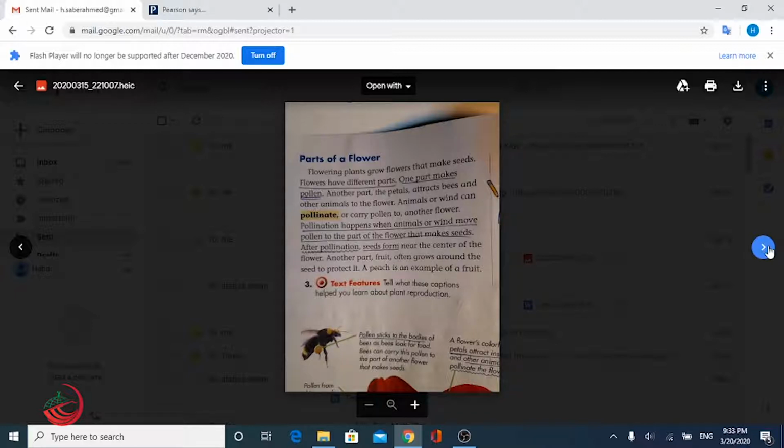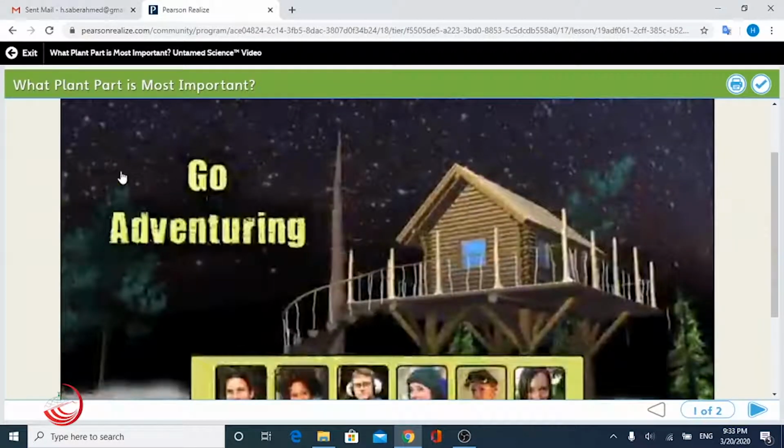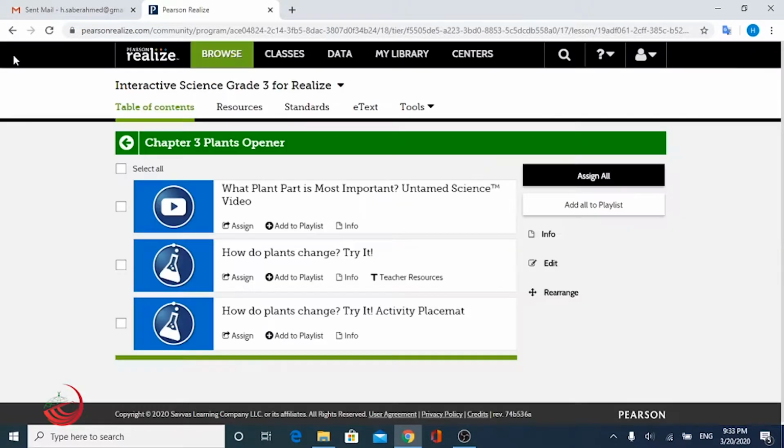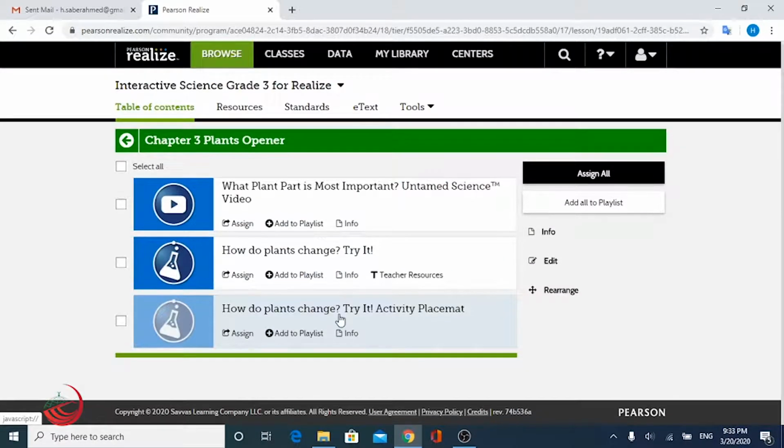Now, how do seeds grow? I want to show you something.